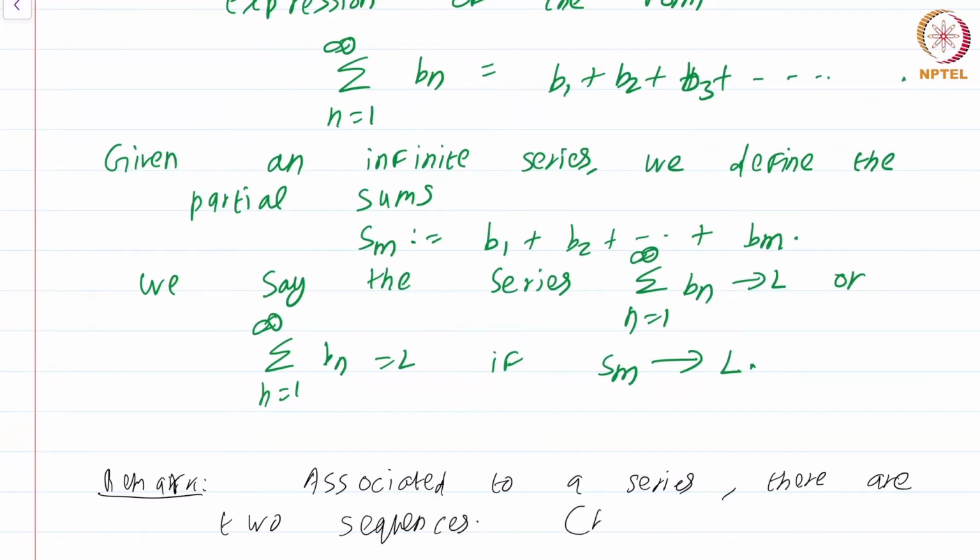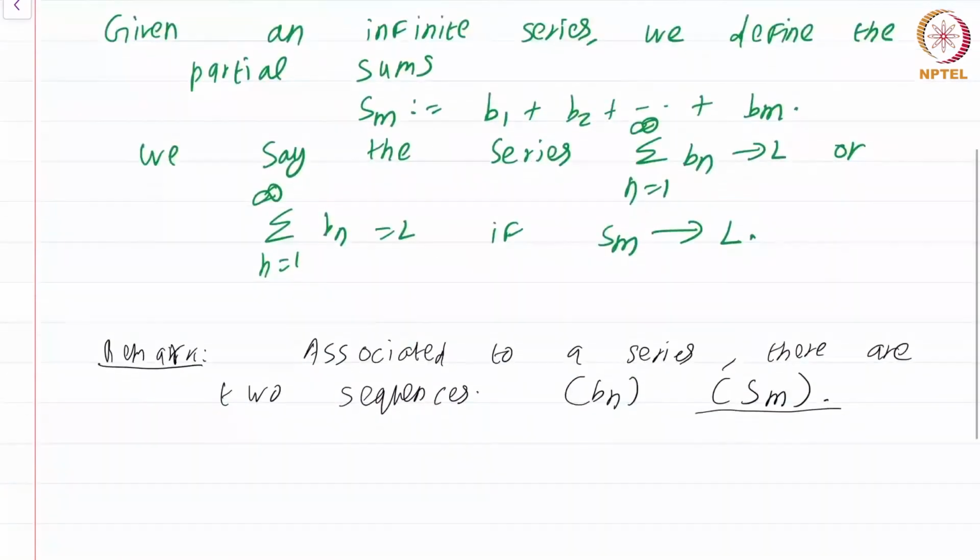One is the sequence bn, the other is the sequence Sm. And the convergence of the series is determined by the convergence of Sm, not by the convergence of bn.